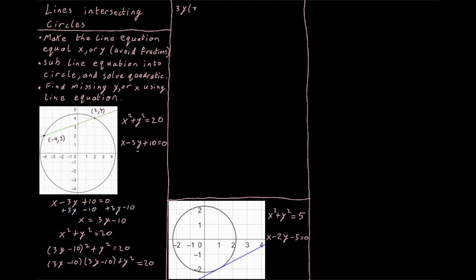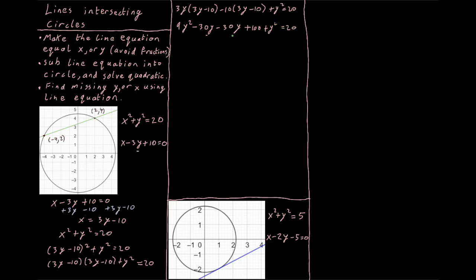So 3y on 3y minus 10, minus 10 on 3y minus 10, plus y squared is equal to 20. 9y squared minus 30y minus 30y plus 100 plus y squared is equal to 20.